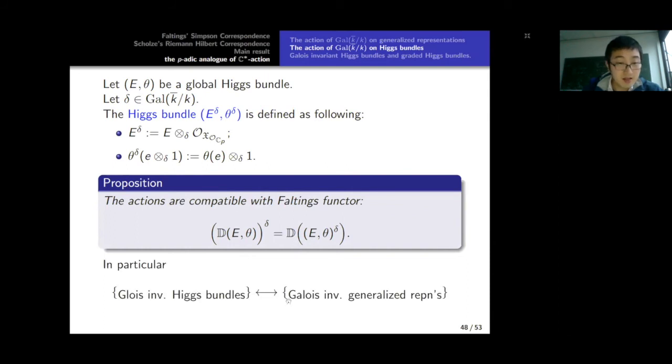In particular, the Galois invariant Higgs bundle will correspond to the Galois invariant generalized representation. Okay, this is the proposition.